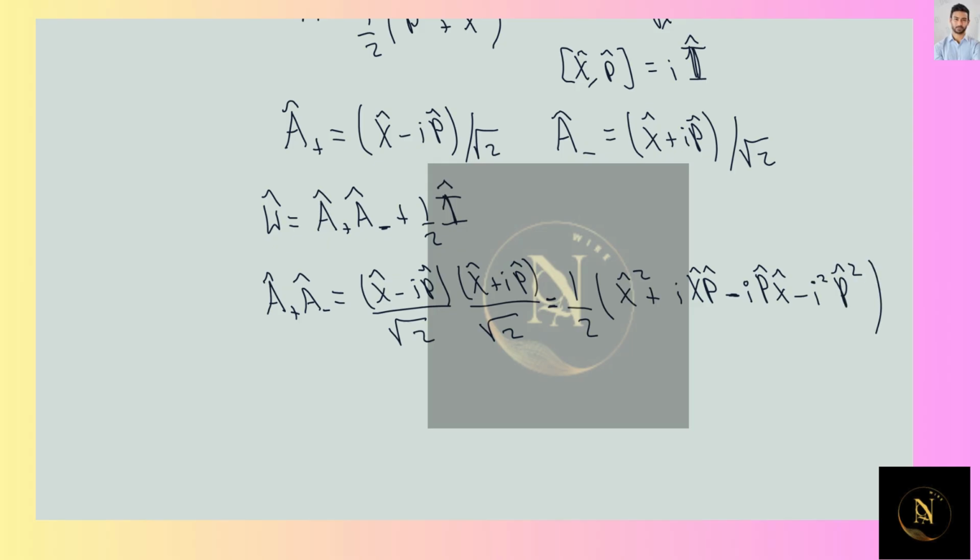First of all, we can already identify that this is equal to 1/2 times x squared plus p squared plus 1/2 of i times xp minus i times px.